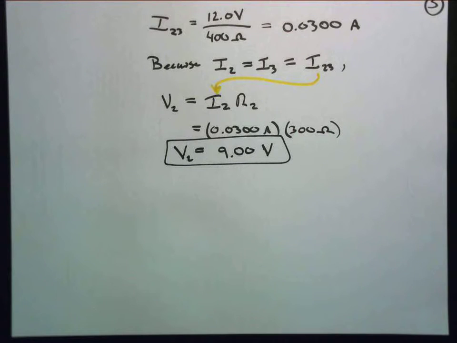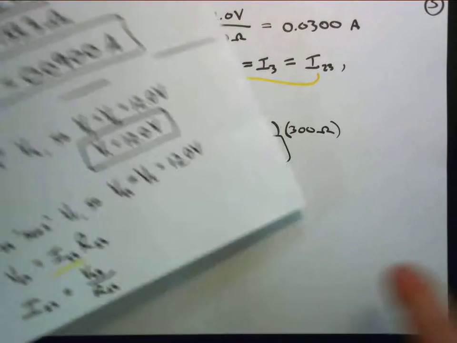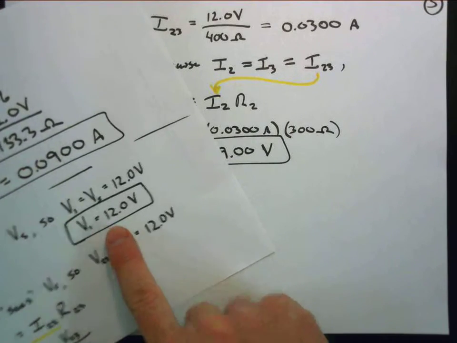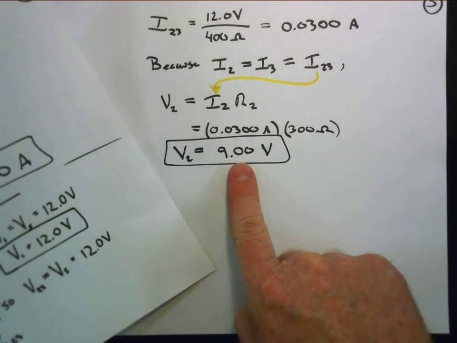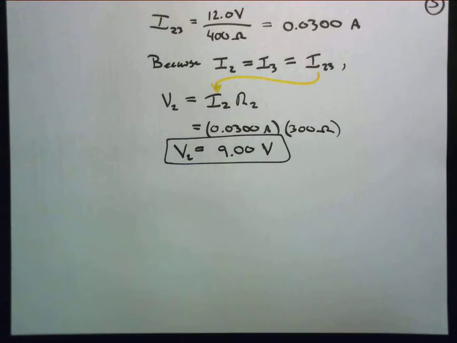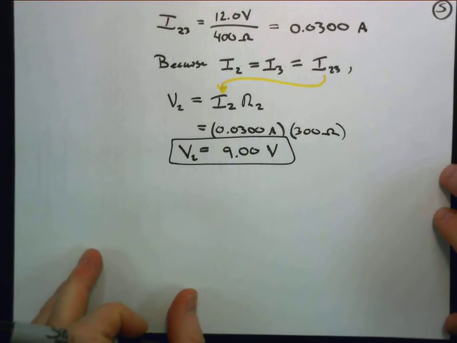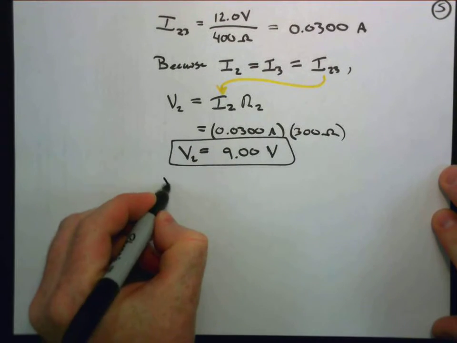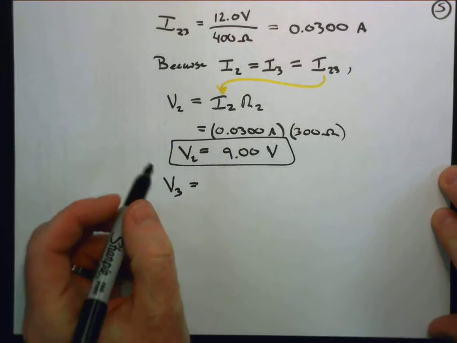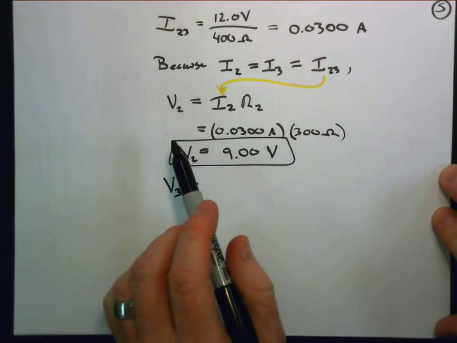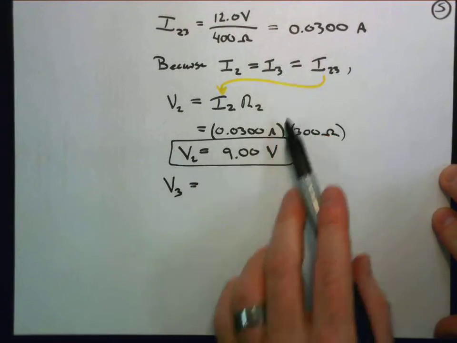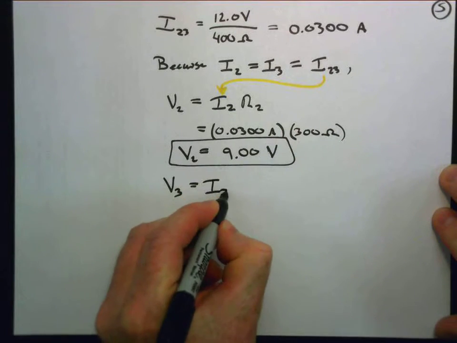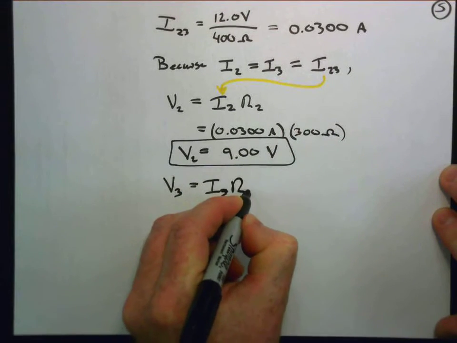So I have found, so far, the voltage drop across resistor 1 and the voltage drop across resistor 2. I need to do one more. So I'm going to solve V3 pretty much using the same logic as I did for V2. V3 is the current of 3 times the resistance of 3.